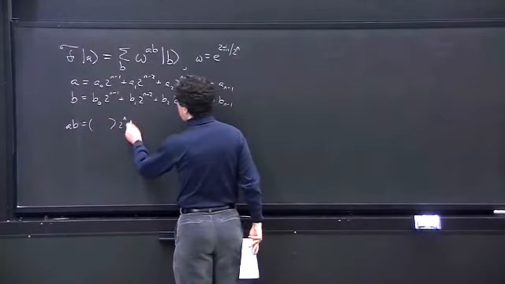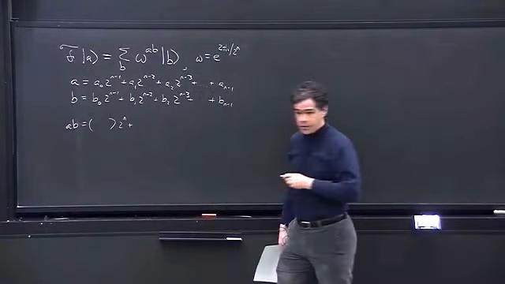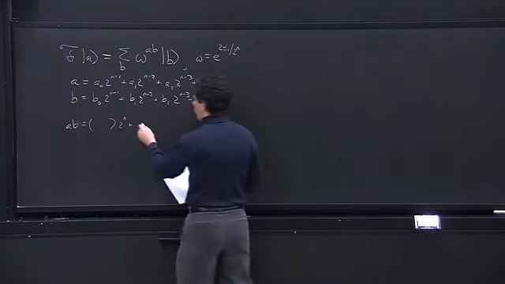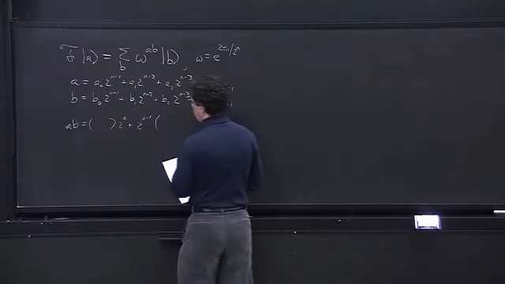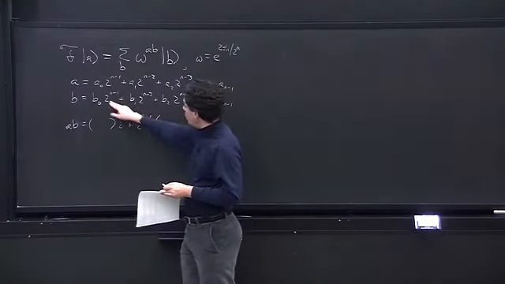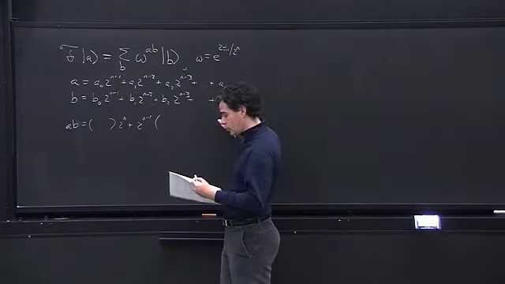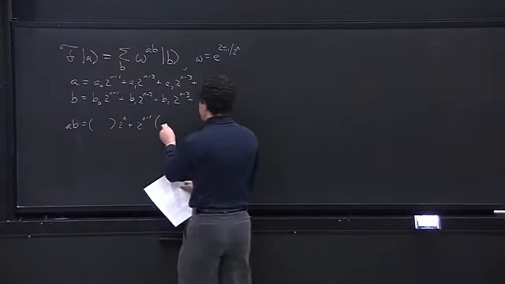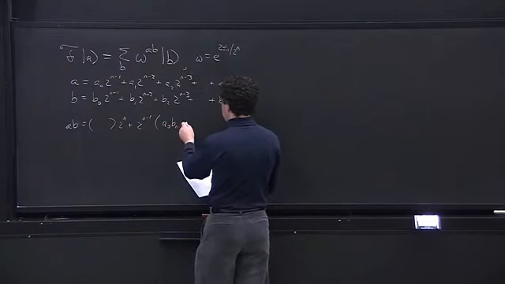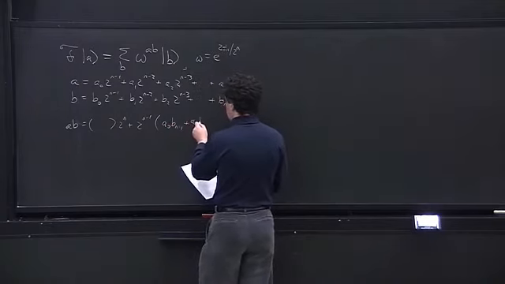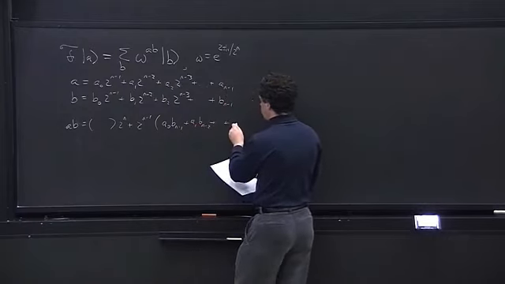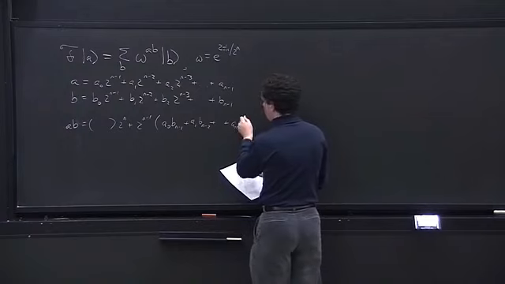So let's start counting, when we do this multiplication, things that have powers of 2 to the n minus 1 or less. So what's the coefficient of 2 to the n minus 1? Well, we get A0 B n minus 1 and A1 B n minus 2 and so on down to A n minus 1 B0.